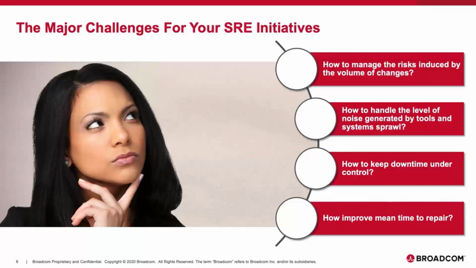We have instrumented the technology stack with lots of monitoring tools for the network, for the systems, the applications, but we have so much data that it is nearly impossible for humans to understand it. How can we handle that level of noise? How do we keep downtime and slow services in check? And most important, how quickly can we bring the systems back to health?